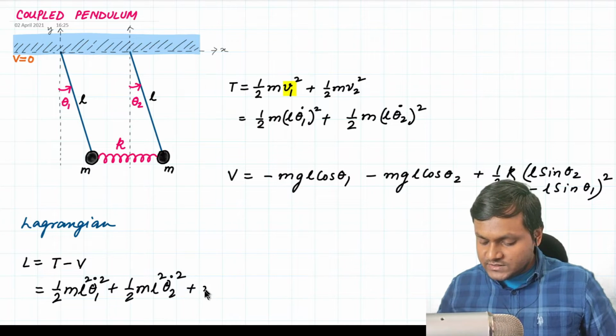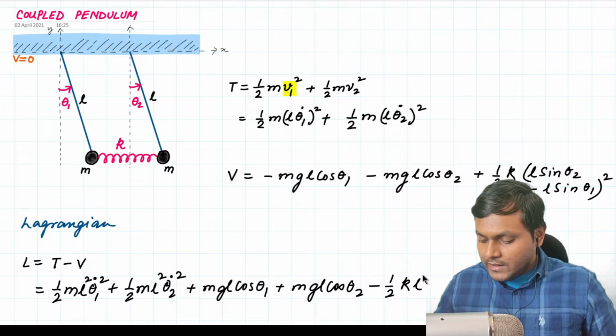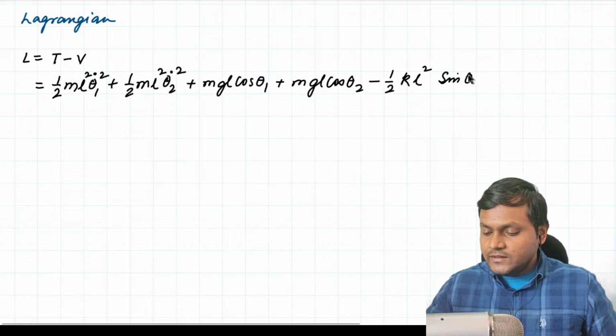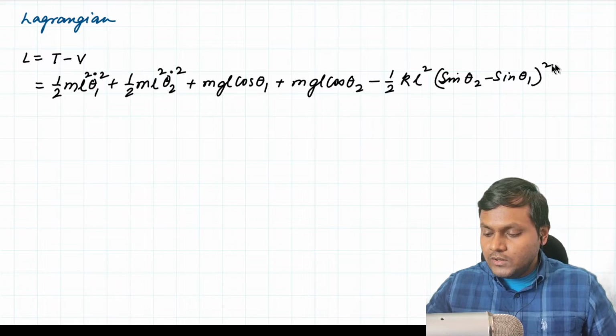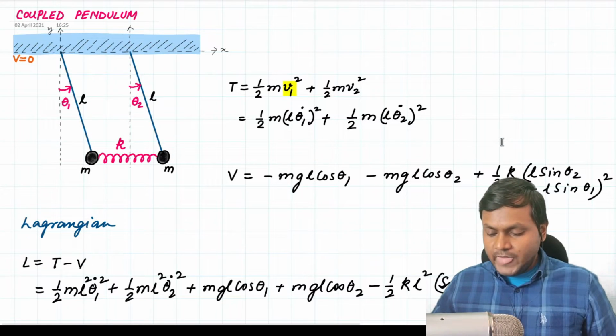So this is plus mgL cos theta 1 plus mgL cos theta 2 minus half k L square, we have sine theta 2 minus sine theta 1 whole square. All right, so this is the Lagrangian of this coupled pendulum system.